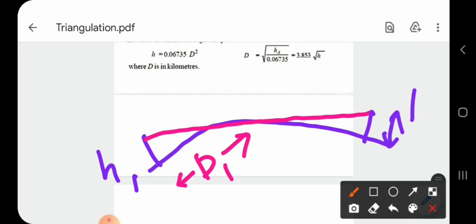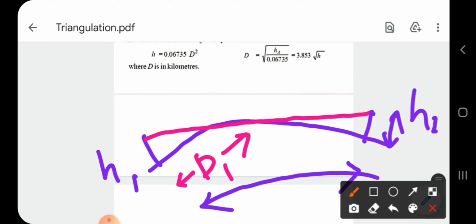We need to find the height h2. We already know the distance between the two points. Suppose this is a and this is b. We know the distance between a and b, that is capital D.